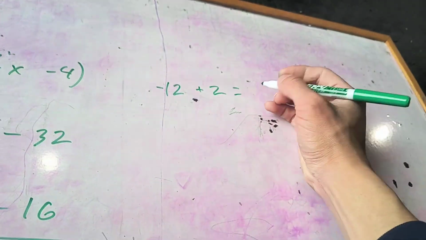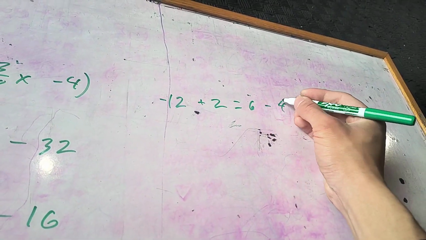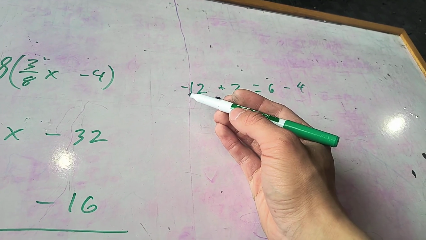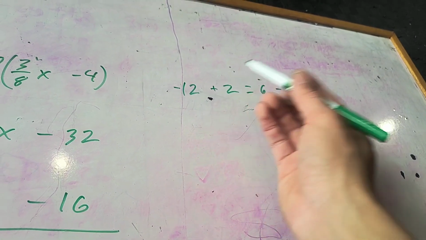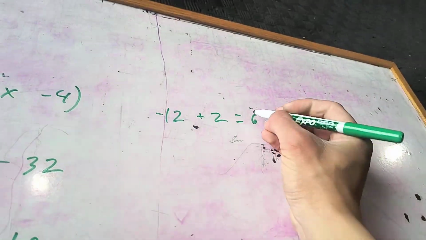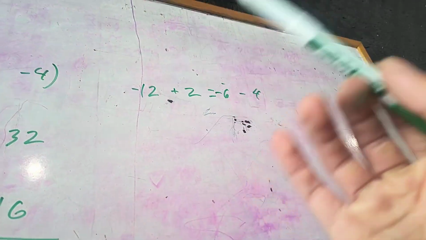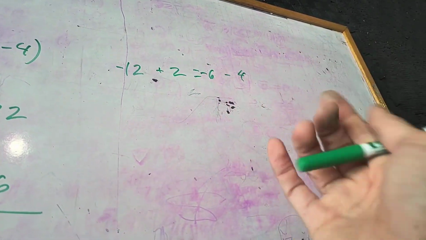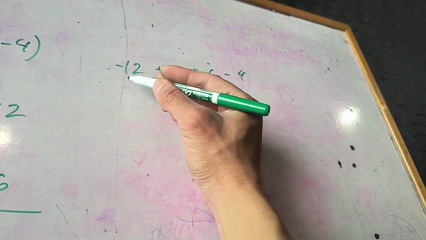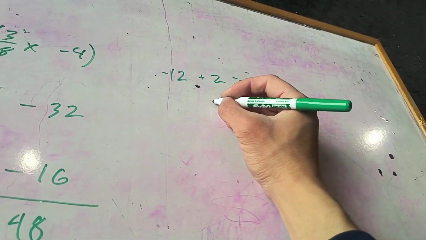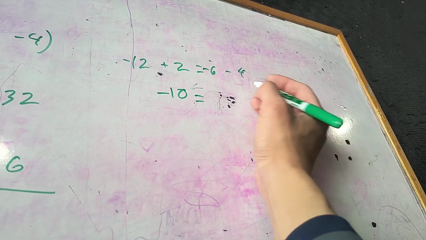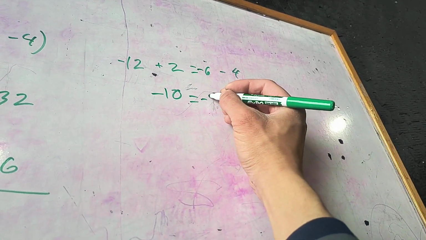So this becomes negative 6 minus 4. Negative 12 plus 2 is negative 10, and then negative 6 minus 4, or plus negative 4, is negative 10.